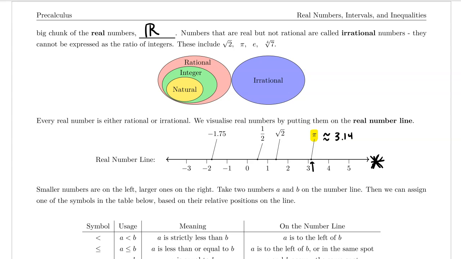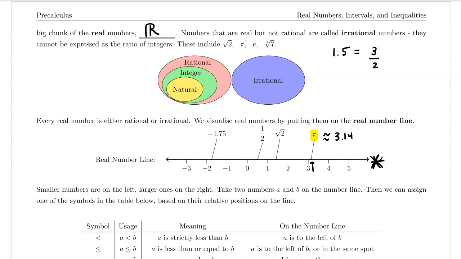Now, sometimes students will get confused. Take a moment and ask yourself, do you think that the number 1.5 is a rational number? Can I represent this as a ratio of 2 integers? And the answer is yes. 1.5 looks like a decimal, but we can also represent this as a ratio or a fraction of 2 integers because this is the same thing as 3 divided by 2.